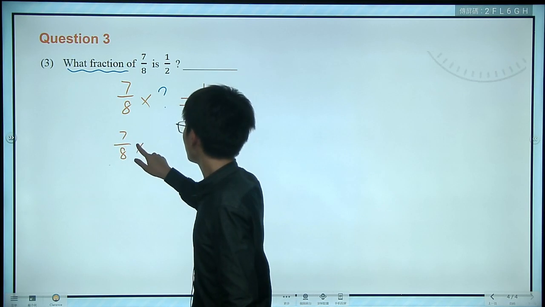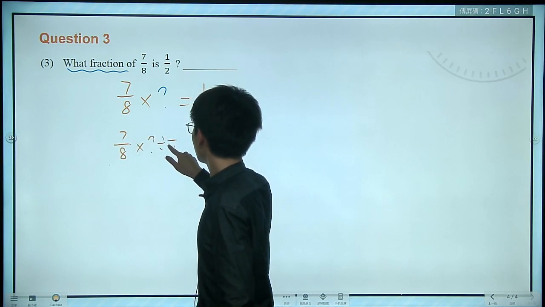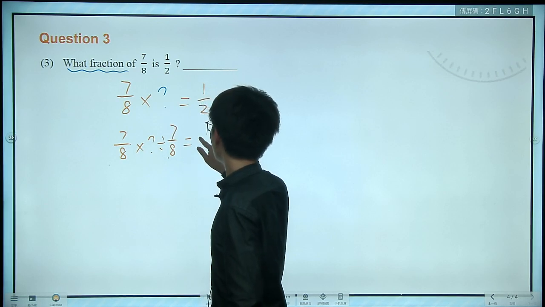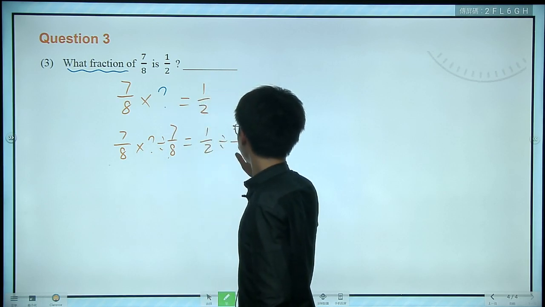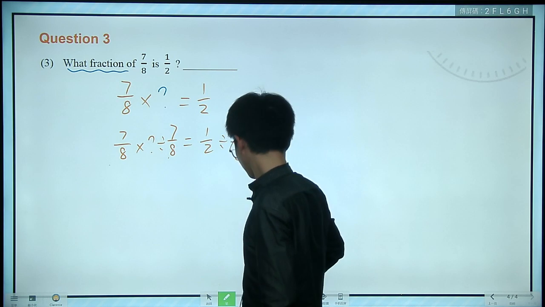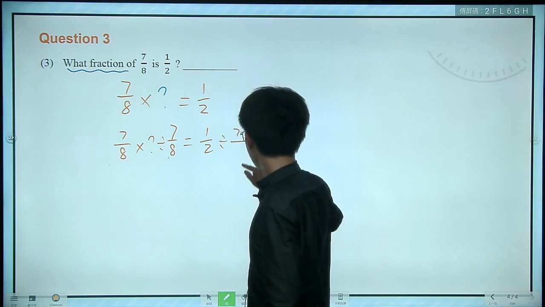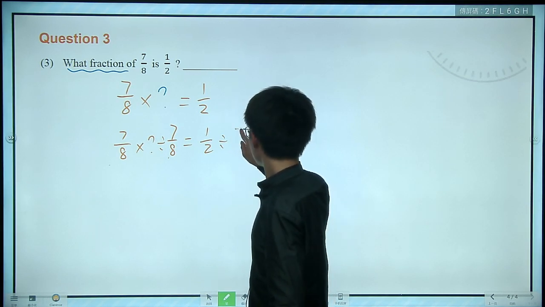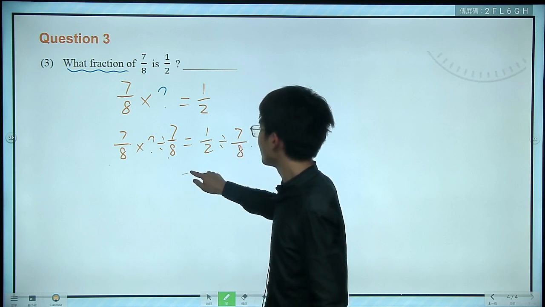the simplest way to do it is just to divide 7/8 on both sides. Right? 7/8 on both sides.